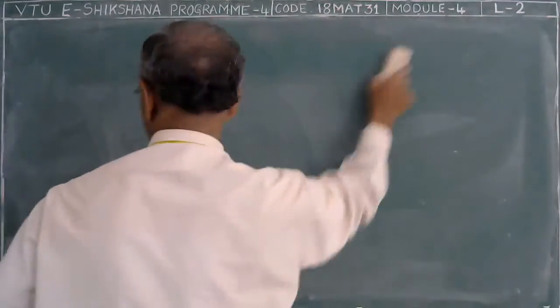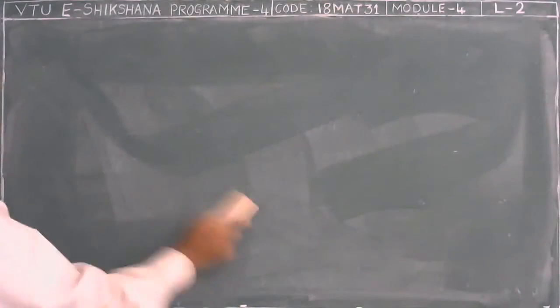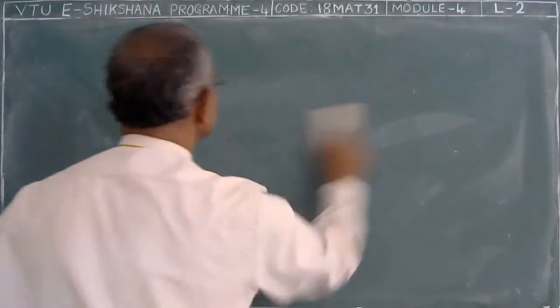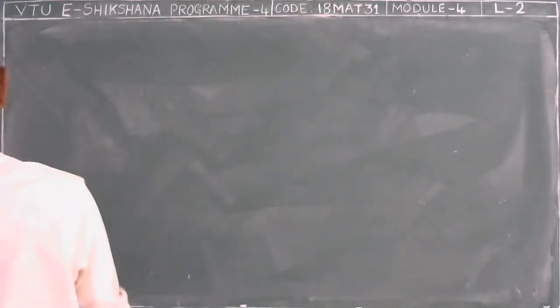Okay. The next prescribed method from your syllabus is modified Euler's method.